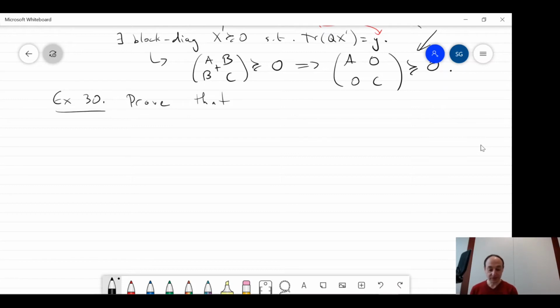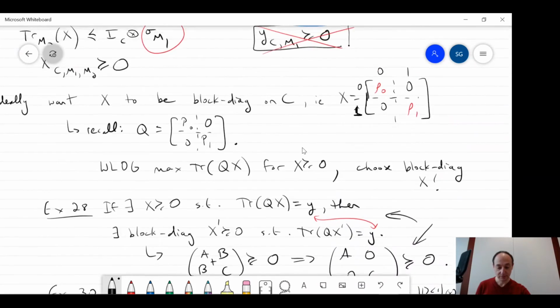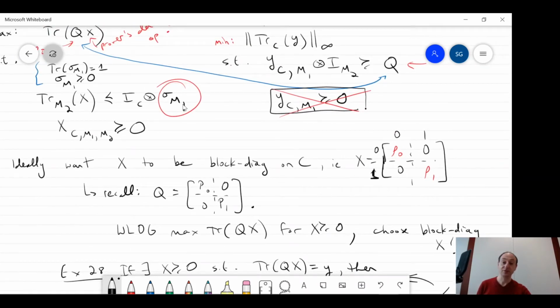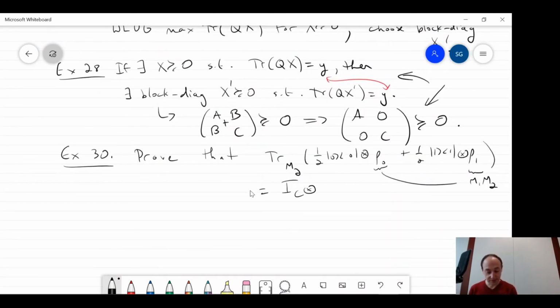Prove that if we trace out M2 of x, let me write out the full x the way we had written it originally, and remember that this acts on M1, M2, then in our original ideal version of x, if I trace out M2, I'll get exactly what we see in this SDP: identity on C tensor sigma, the committed state, on M1. I want you to prove that to convince yourself of this fact.